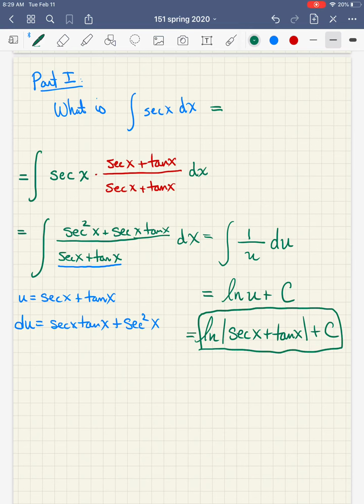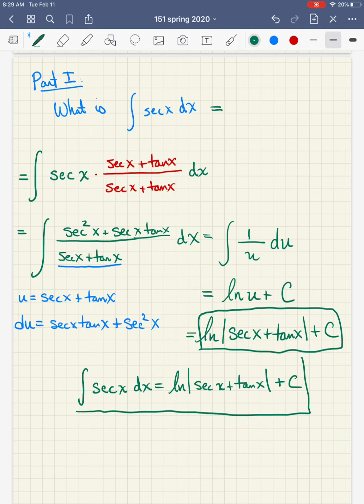And so I may just put this down here. This is a beautiful idea that led us to the antiderivative of secant of x. Turns out to be the natural log of the sum of two trig functions. And I think that's pretty cool.